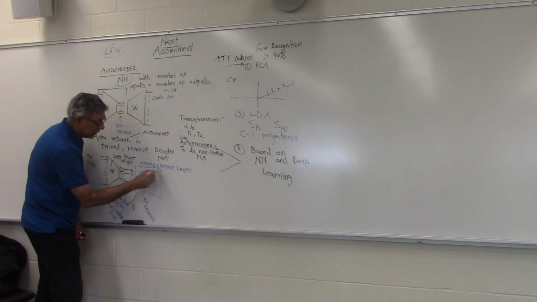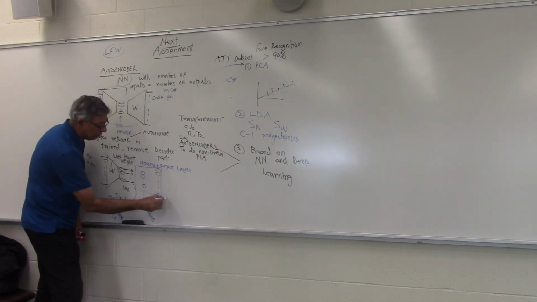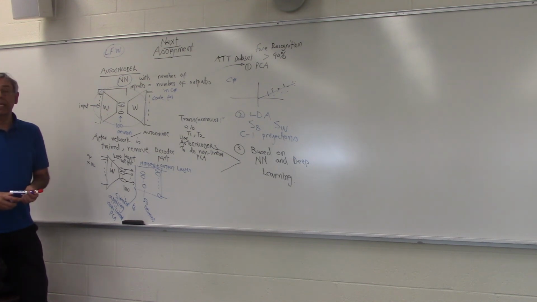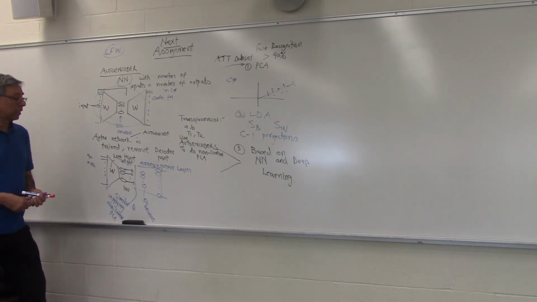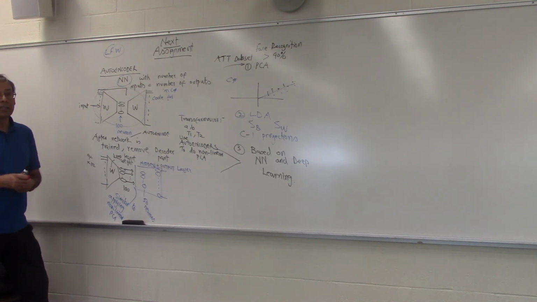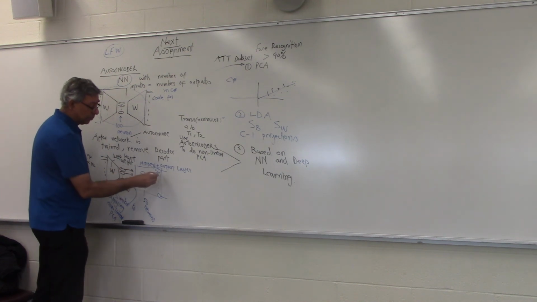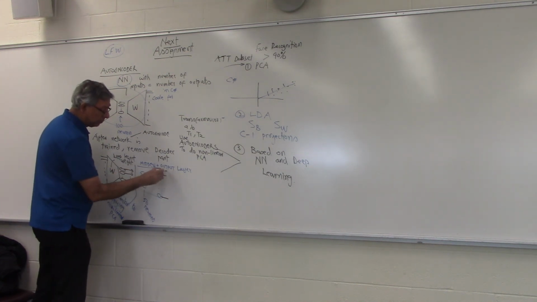The question is, how many neurons will you put in the output layer if you're operating on the AT&T data set? 40, because it was 40 different people, and it has to tell us which input image belongs to which person.